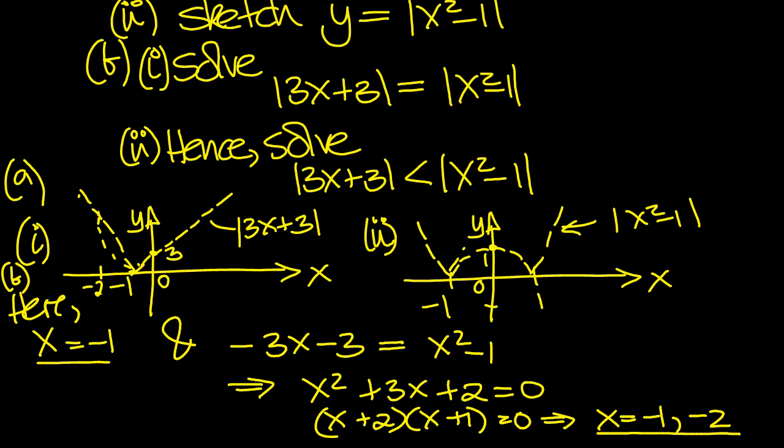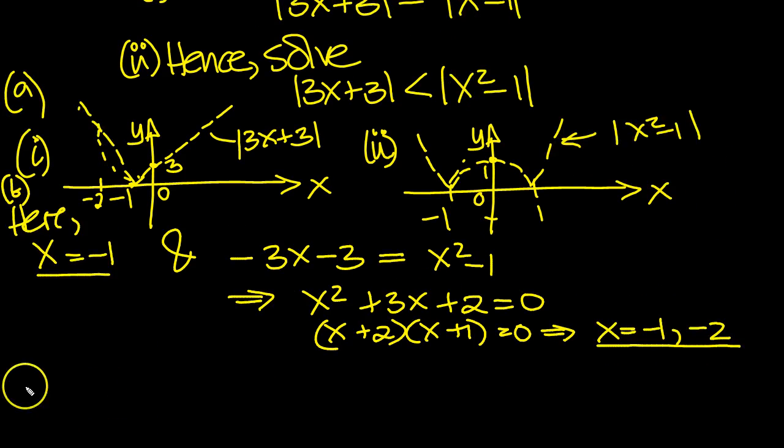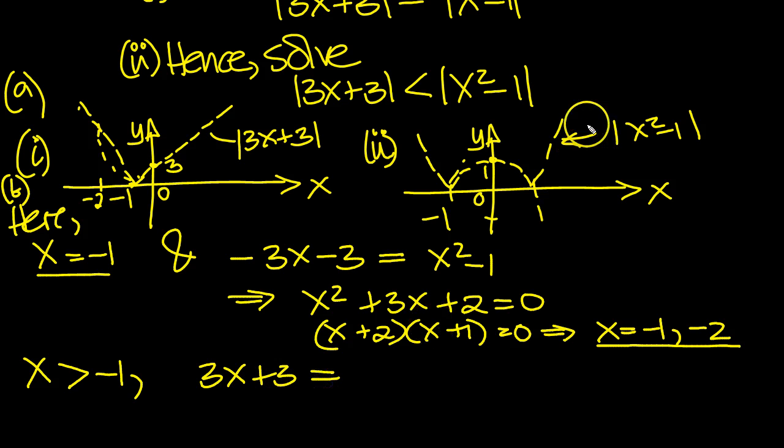So for x bigger than minus 1, in that context over here, we're interested in when this line 3x plus 3 equals, actually it'll cut this line, it's not going to cut that one because it was steeper than this shape here. So when does it equal x squared minus 1? Let's find the solution then.